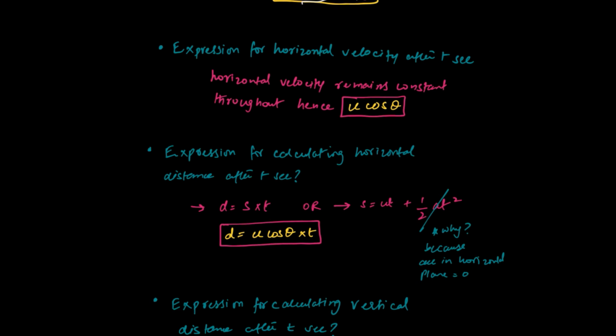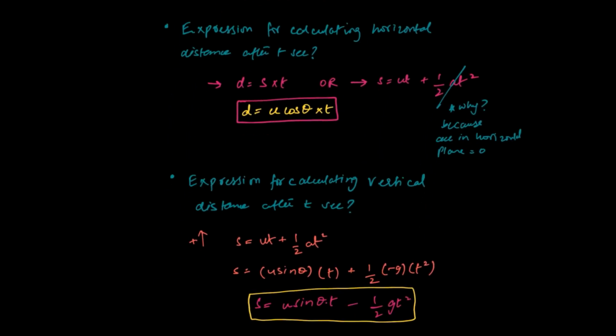The reason is that acceleration in the horizontal plane is zero because there's no change in velocity, and if there's no change in velocity then this whole expression becomes zero. So the best answer is speed times time, and speed is u cos theta as we calculated in the previous part.